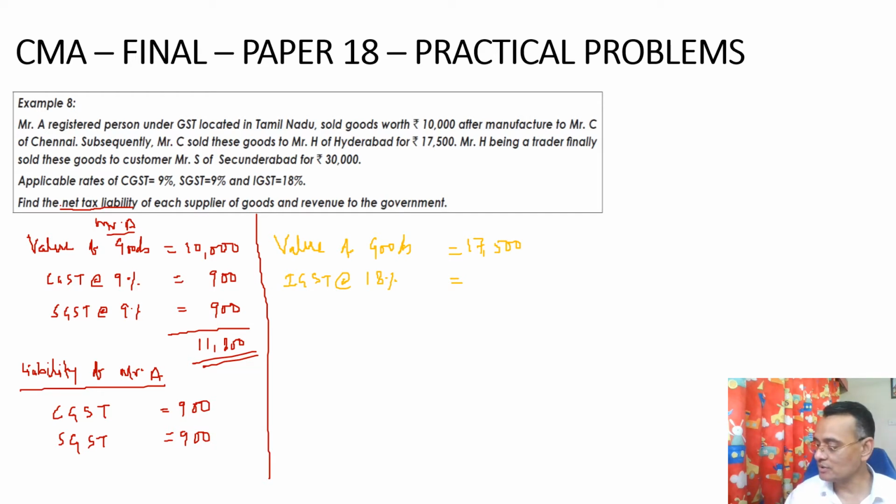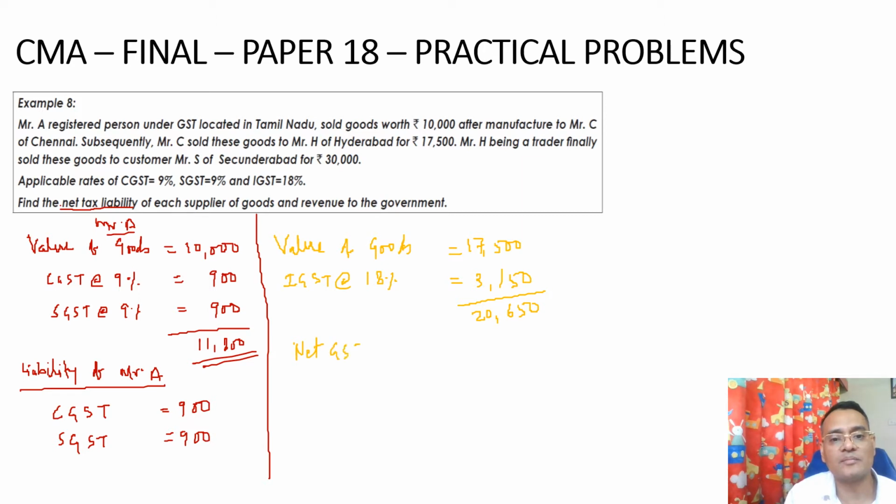So 17,500 into 18%, 3150 is the IGST and total is 20,650.